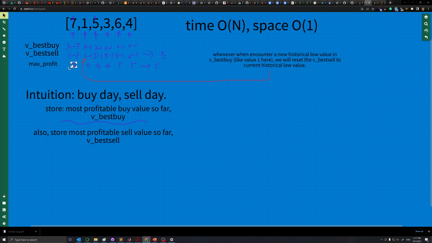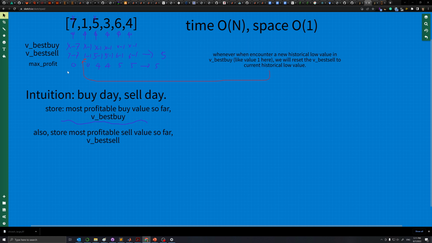That's been forced to drop because even though we would love to sell at 7, it's before the event of this new historical low. We have to reset our V best sell to the current historical low value because we can only find a day in the future to sell it. So we have to reset it now.